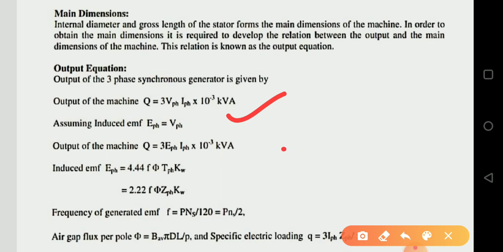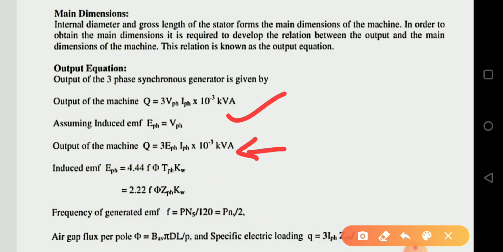Then the output equation becomes 3 into EPH into IPH into 10 to the power minus 3 kVA. Here EPH is the induced voltage per phase and IPH is the current per phase.